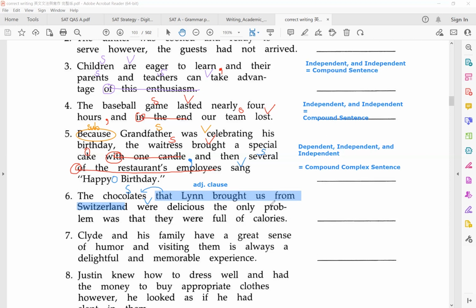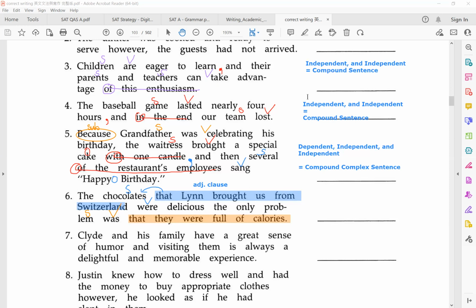Do I have another clause? I do. The only problem was that they were full of calories. So again, we have another dependent clause. This is a noun clause. So if you don't remember the difference between adjective clause and noun clause, go back and review those lessons.